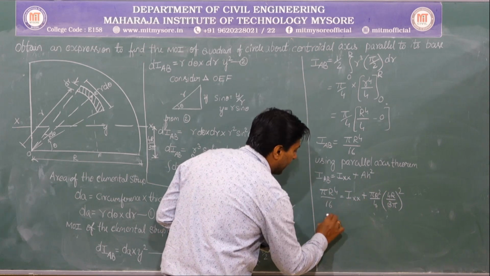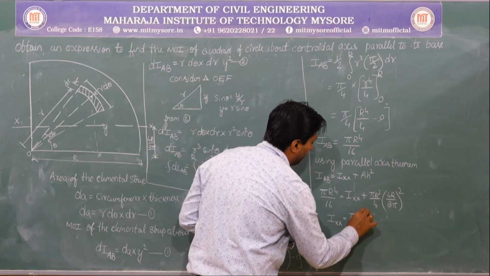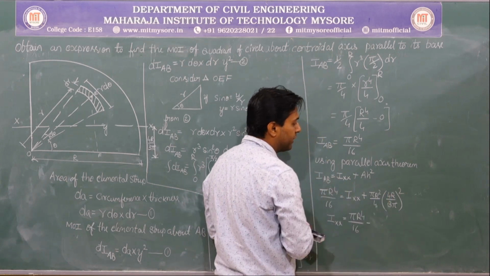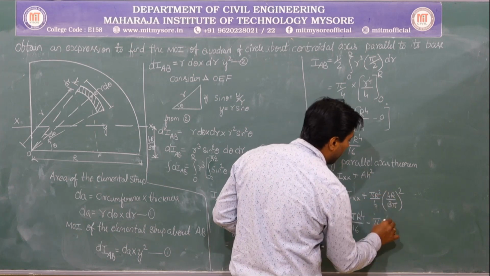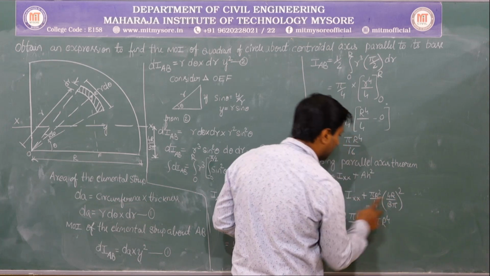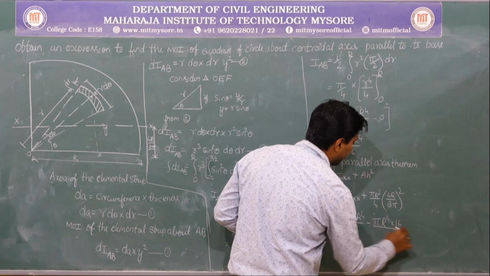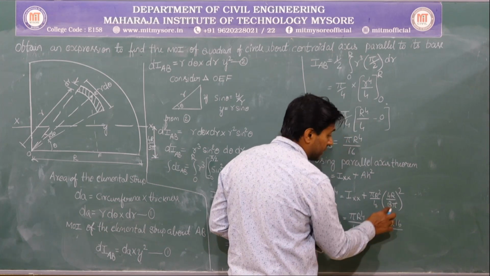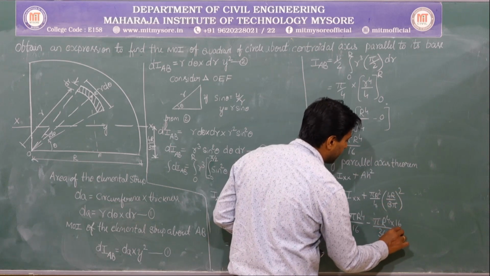Now, IXX is equal to pi r 4 by 16 minus, if I transfer everything towards that side, it is pi into r to the power of 4 by 16 minus, 3 square is 9, 4 nines are 36, into pi square.